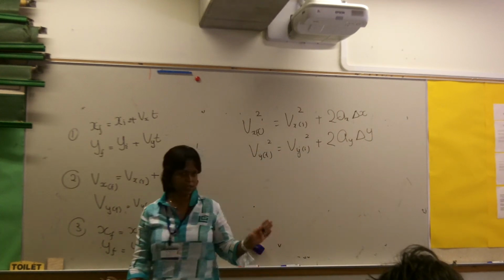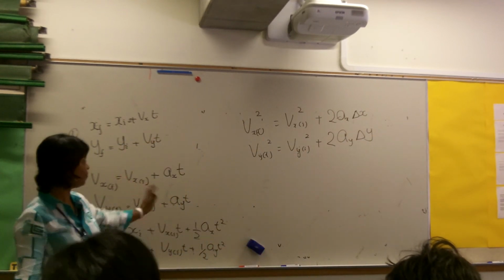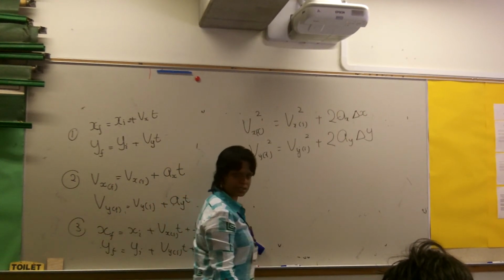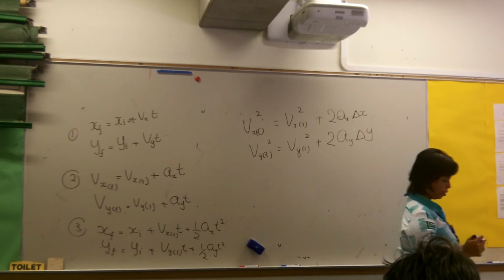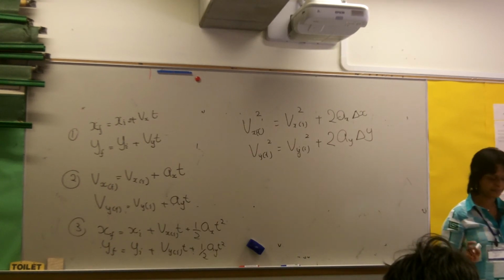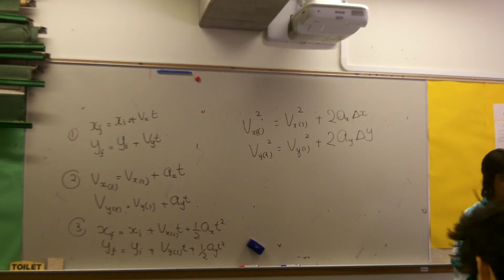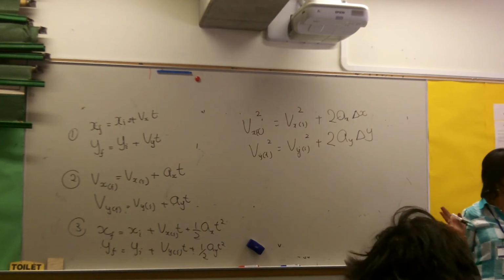Is that okay up to here? There's nothing changed, only we are emphasizing the direction. They are the same equations. Up to here you all are fine? Okay. Which means you are now doing chapter 2 again, but considering the direction.